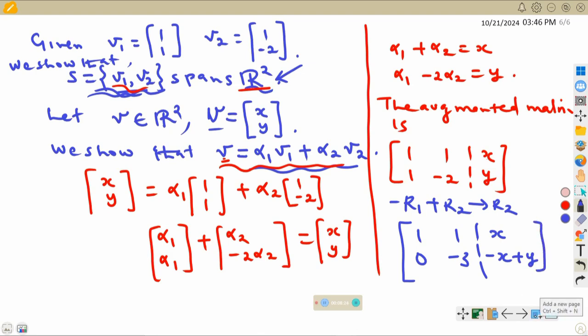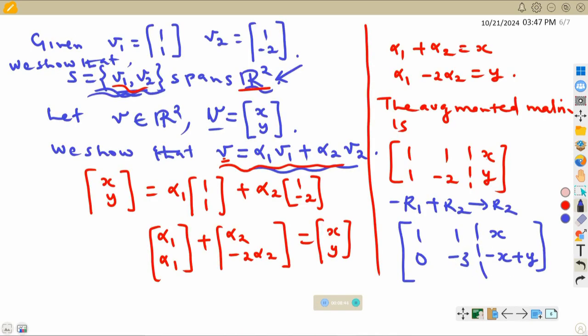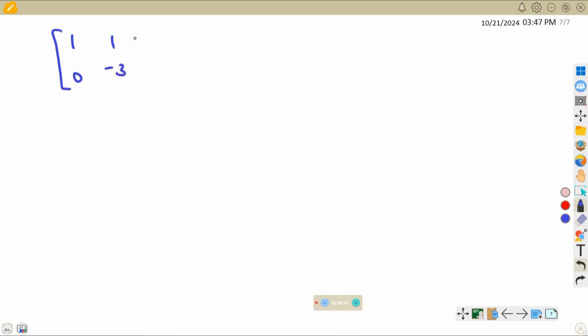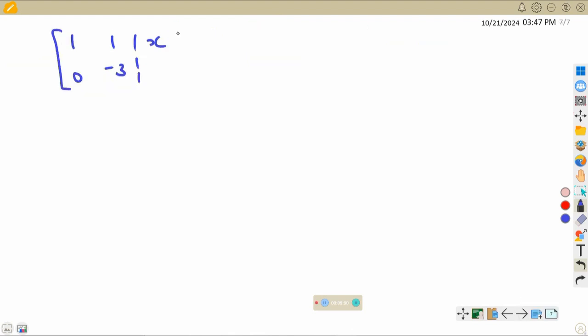So next, we have so far obtained 1, 1, 0, negative 3, then x, then negative x plus y.